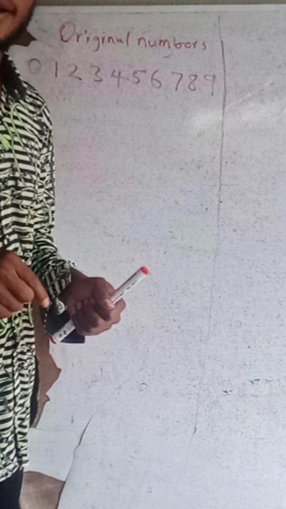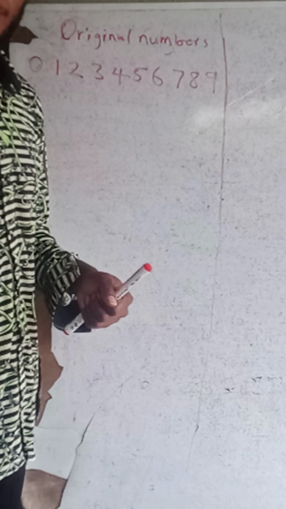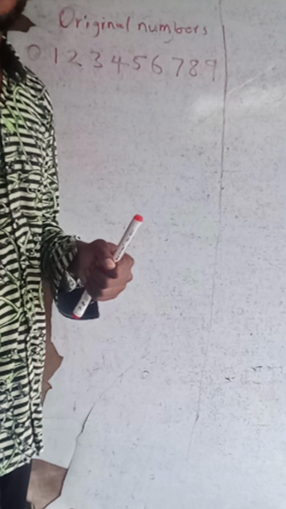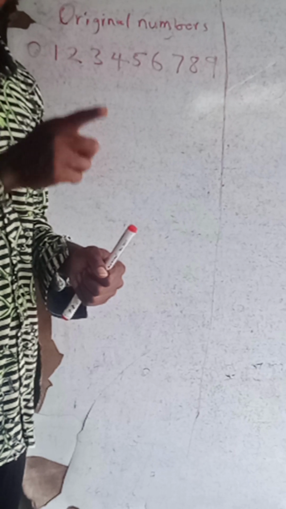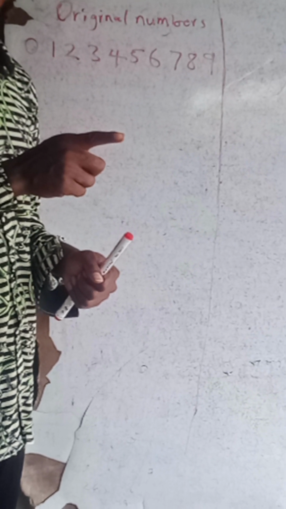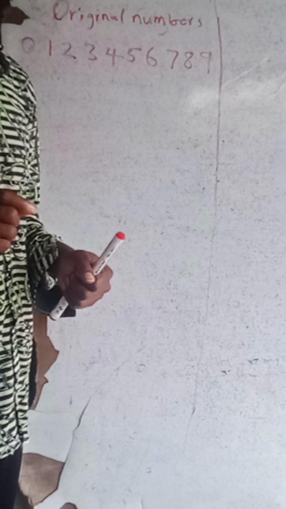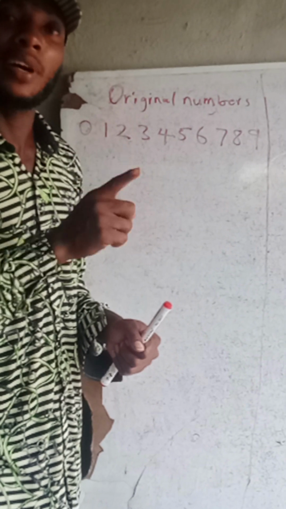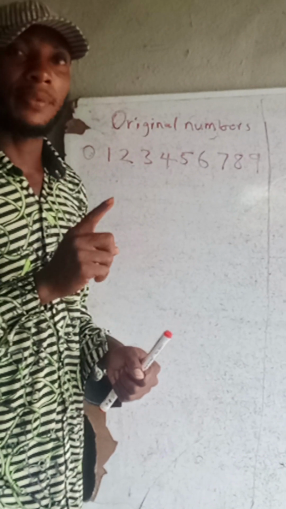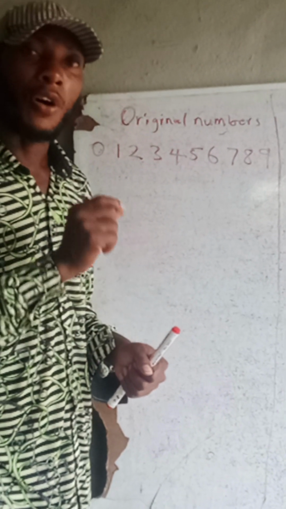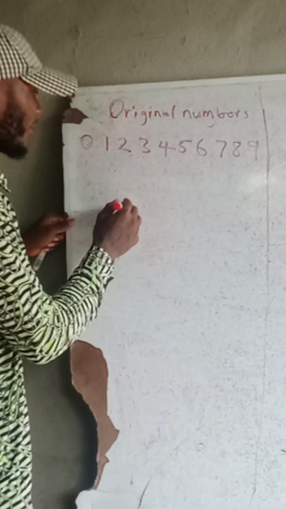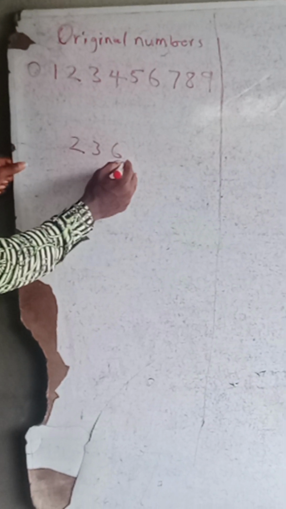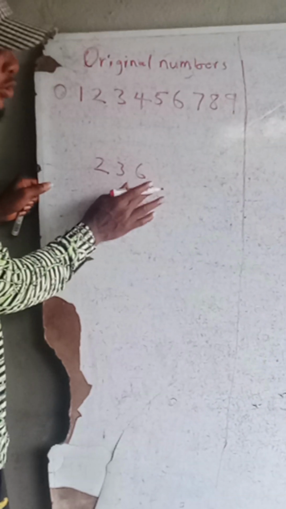The base of a number is always written as a subscript, and it means a number that is more than the individual numbers given by at least 1. For instance, if I have 2, 3, and 6, the base can be written as a subscript.